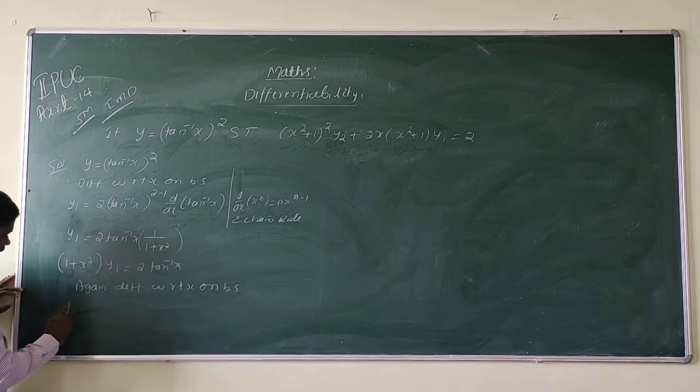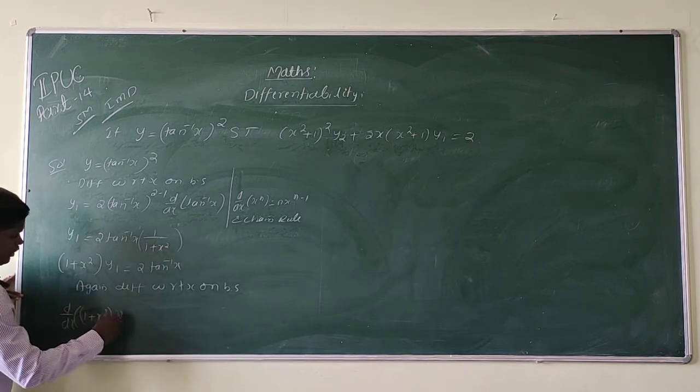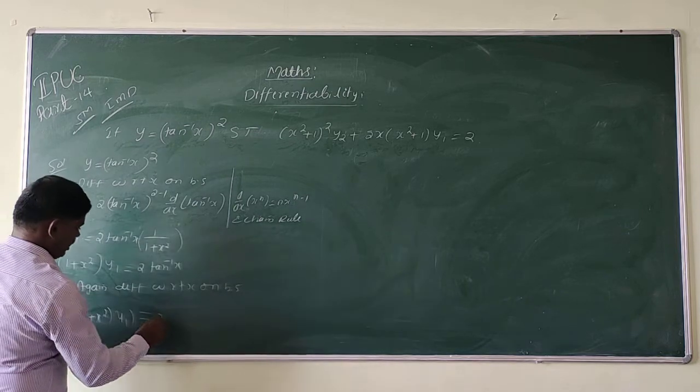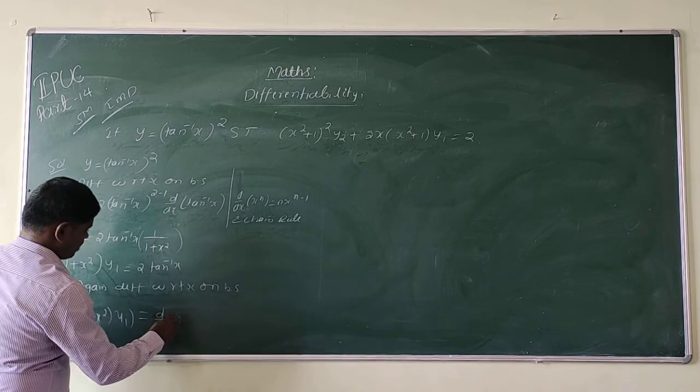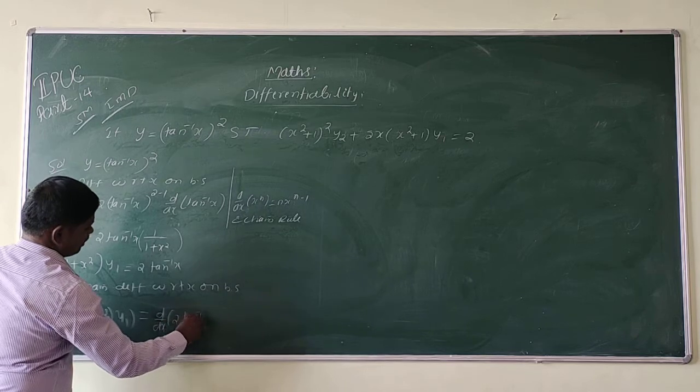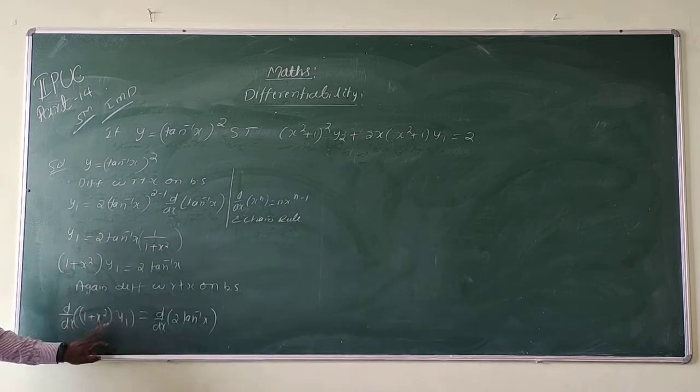So that is d by dx of 1 plus x square into y1 is equal to d by dx of 2 into tan inverse of x. Okay, so u into v, product rule.